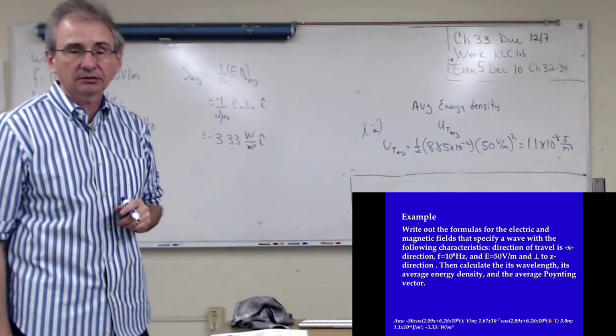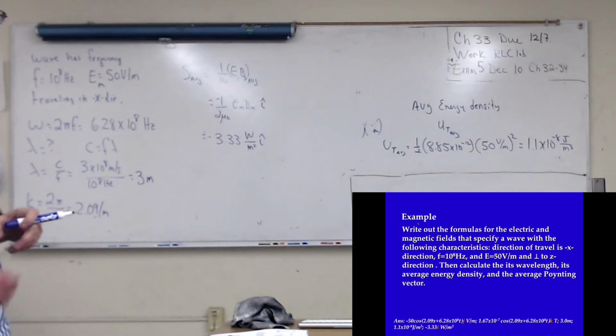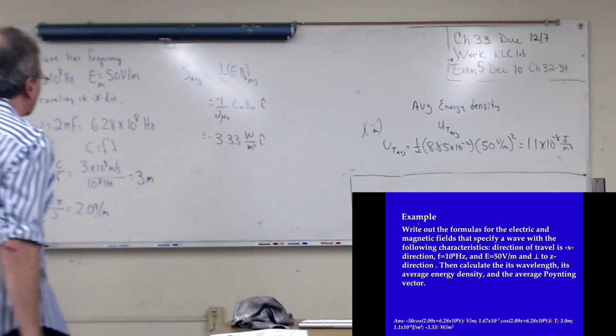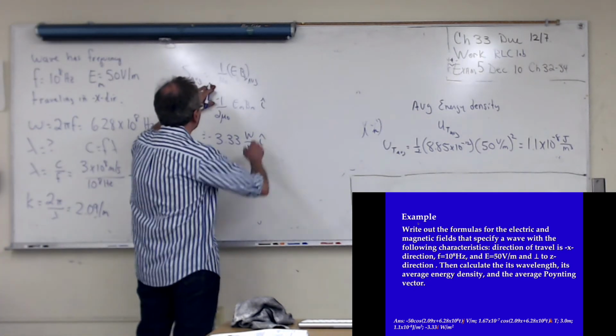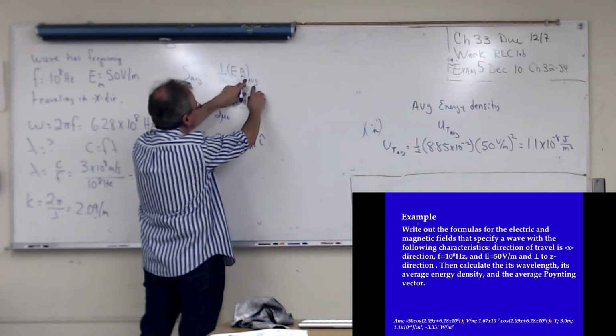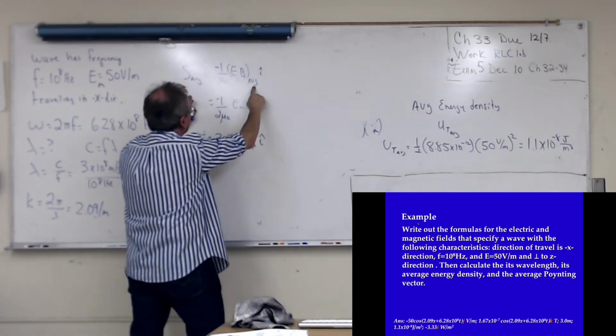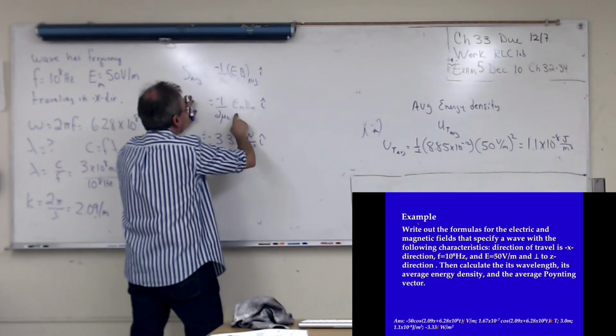Questions on that? For the S average, is that 1 over mu naught on the top? This is 1 over mu naught. I put average here, right? Yeah. It should be like that, because it's E cross B. Oh, okay.